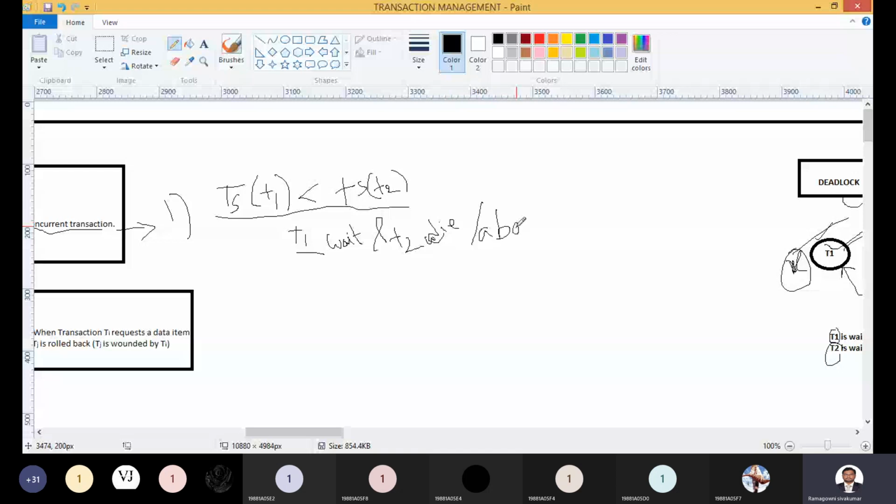Second point: the timestamp of T1 transaction is greater than the timestamp of T2 transaction.